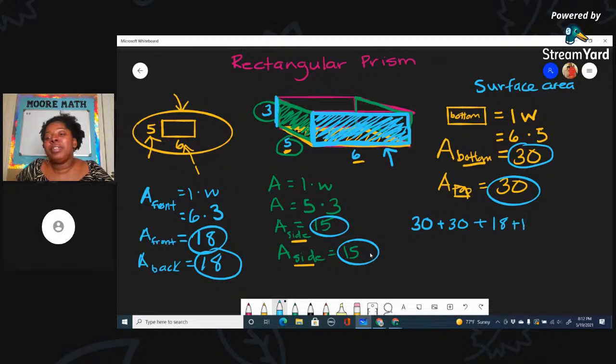At this point with geometry, a lot of us teachers have tested you on your number knowledge and multiplication. So at this point, we just want to make sure you understand the formula so you can use your calculator for this. So now plug these numbers into the calculator. 30 plus 30, make sure you have 6 numbers that you're adding together and tell me what you get.